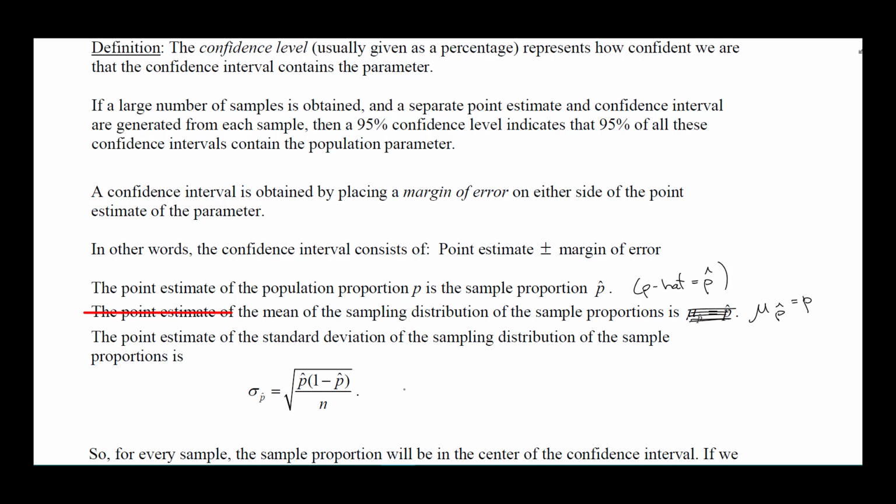We don't have a whole bunch of samples, we just have our one sample. So we're going to use the p hat where there should have been a p, and so we're going to replace this in the formula. And we've seen this formula before, except we've seen it with the population parameter p in there. We don't have that, so we're using the sample proportion instead. And actually this should be an approximately equal because it's an estimate.